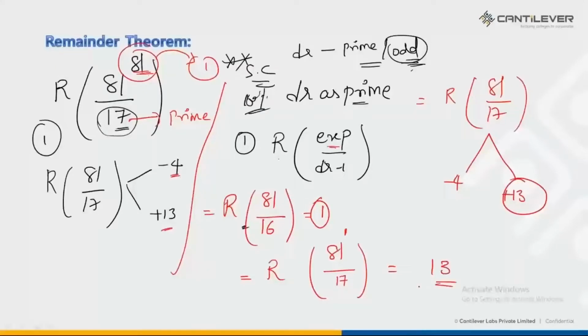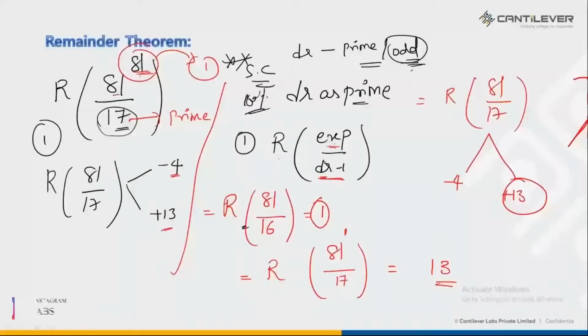Clear, everybody, what to do when you have a prime number as the denominator? Whenever you see that the denominator is a prime number, first step, divide the exponent with denominator minus 1. Don't divide it with the denominator, subtract 1 from it.